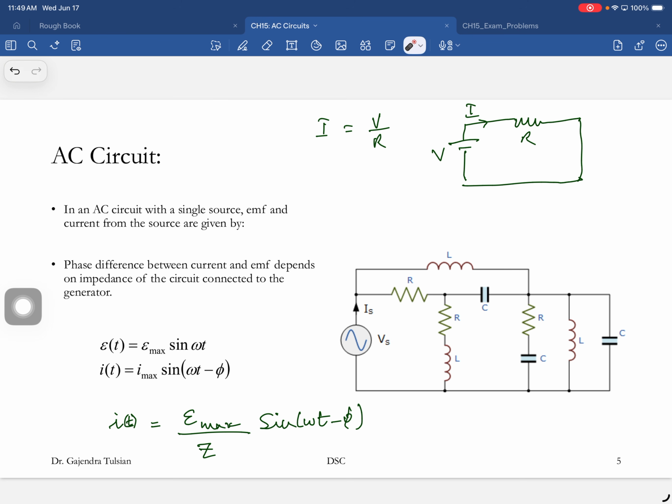All right, so this expression will look exactly like that. And so the resistance of the circuit is generalized to something called the impedance, and that's denoted by Z. So Z is the impedance.